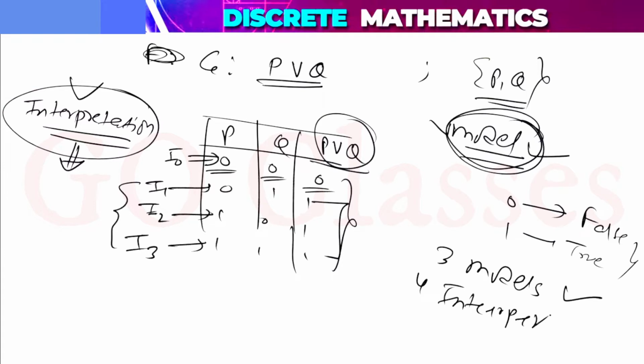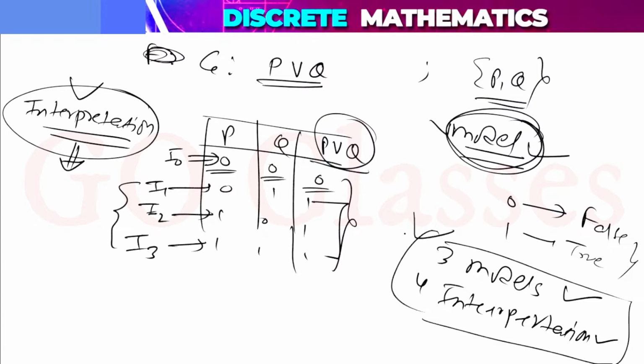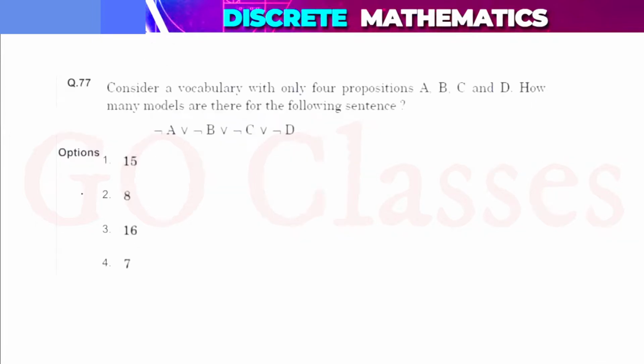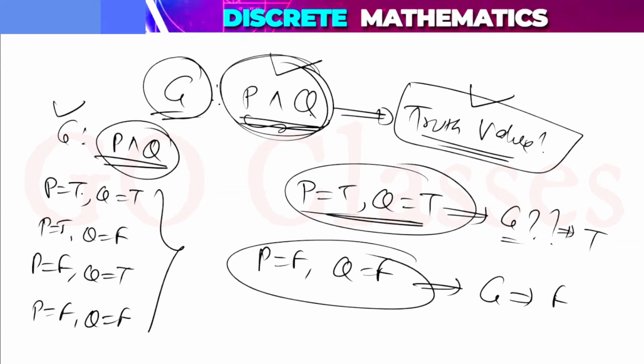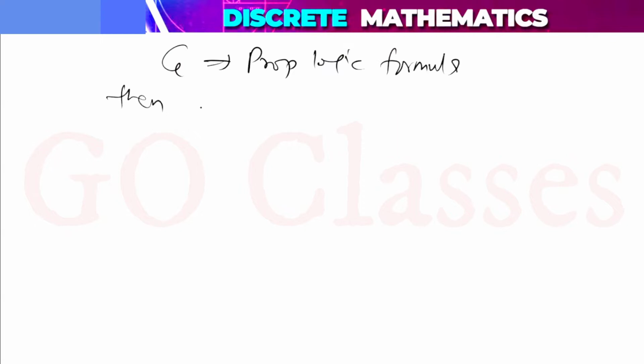This is the very simple concept that we have in propositional logic. Remember, so far we are only talking about propositional logic. The definition of interpretation, if you want to write it down: if you have a propositional logic formula, let's assume G is a propositional logic formula, then what is the interpretation?